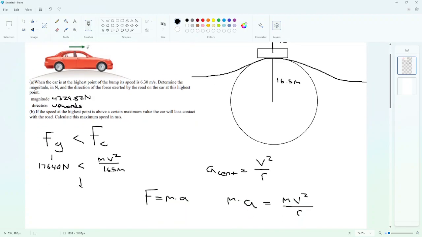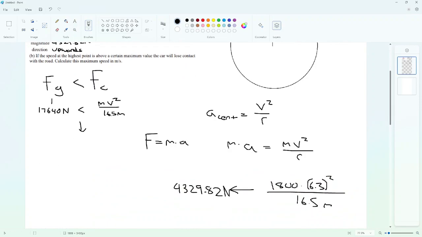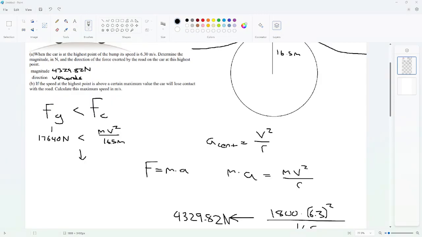Let's go ahead and isolate this velocity. If we isolate this velocity, we solve for the velocity that should not be exceeded if they wish to stay on the ground. The velocity that I calculated is going to be 12.716 meters per second. The velocity has to be less than this.